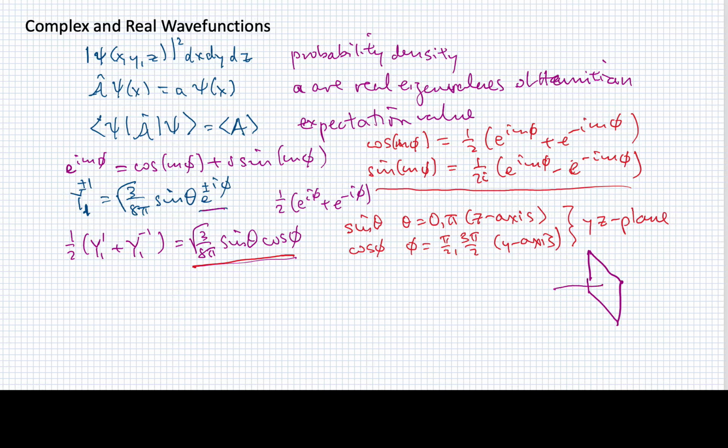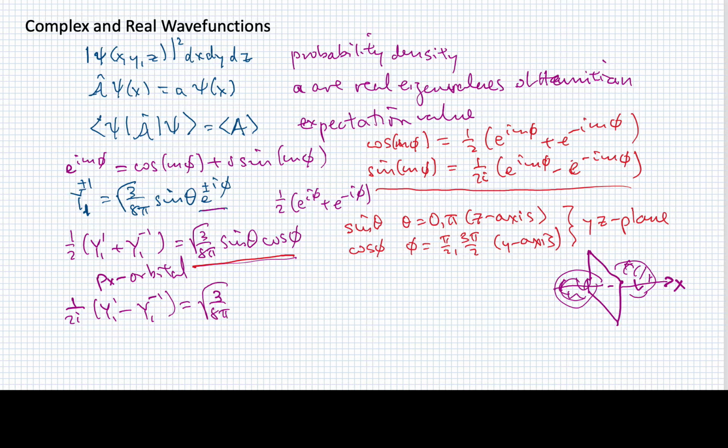All right, so these linear combinations can serve us in some great ways to create real functions out of it. I will say that similarly, if I were to take this linear combination, 1 over 2i times the difference between these two spherical harmonics, I would end up creating a very similar looking orbital, but now it's got sine phi instead of cosine phi.